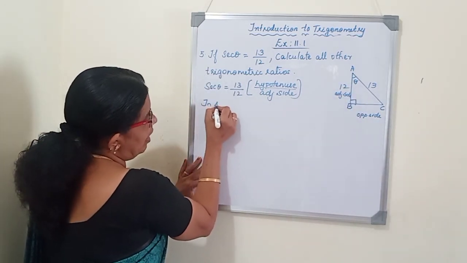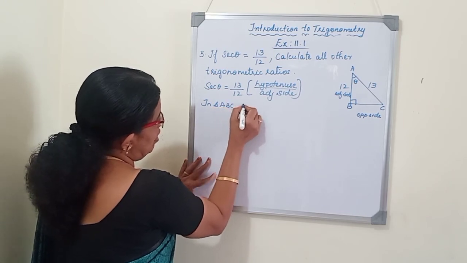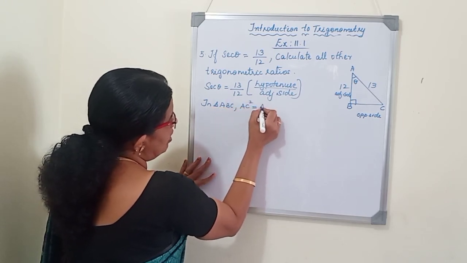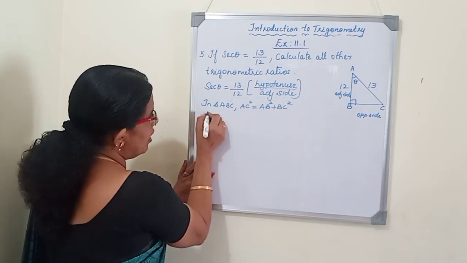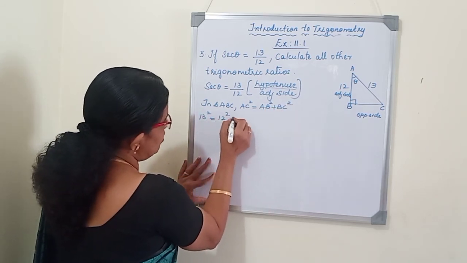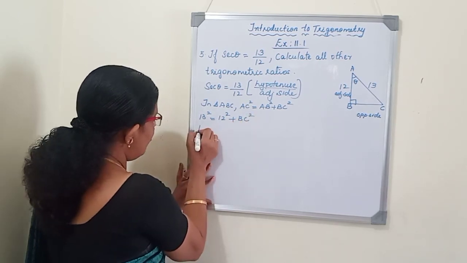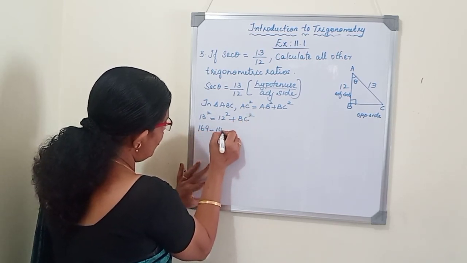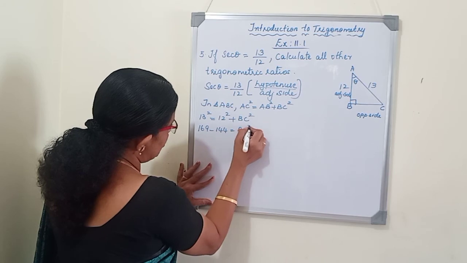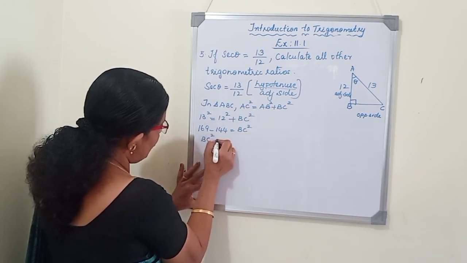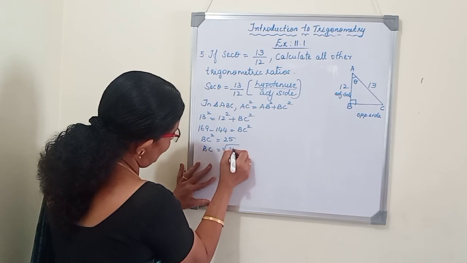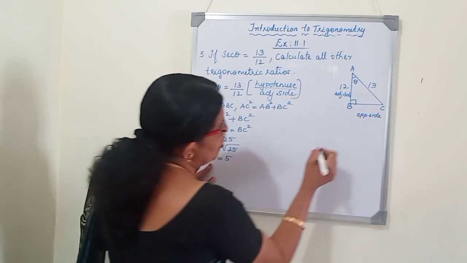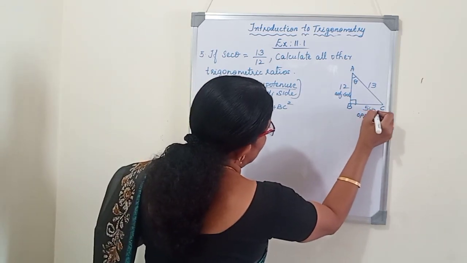In triangle ABC, AC square equals AB square plus BC square. 13 square equals 12 square plus BC square. 169 minus 144 is equal to BC square. BC square equals 25. BC is equal to square root of 25, 5. So BC you will get 5 centimeter.